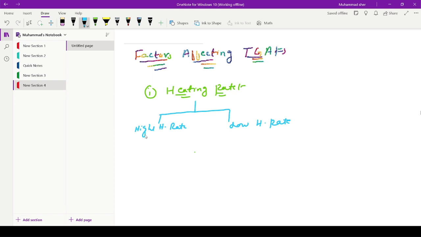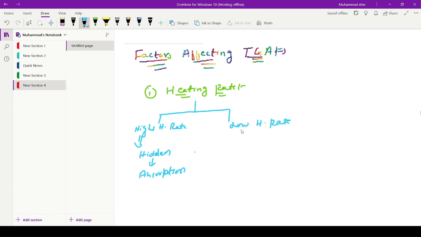If we provide a high heating rate to our compound, or we can say to our sample, there may be some step hidden, because at high heating rate there is no proper time for the absorption of heat. So the absorption of heat will not be properly done in this case, and therefore some of the steps may be hidden in case of high heating rate.